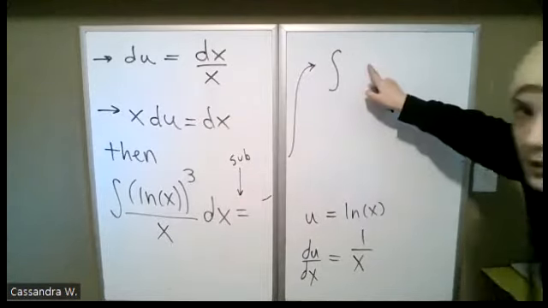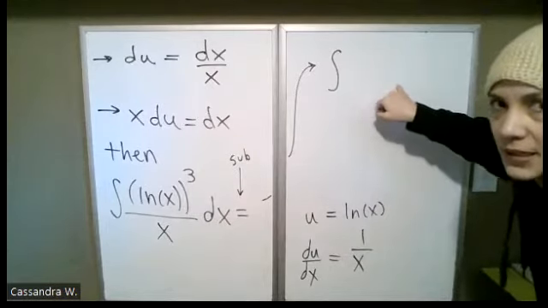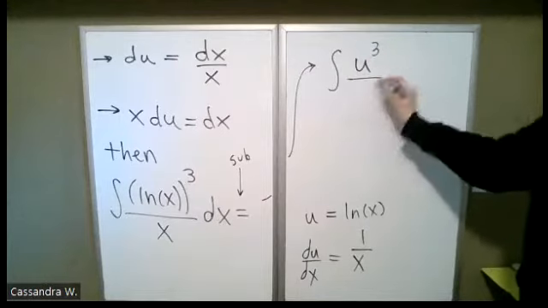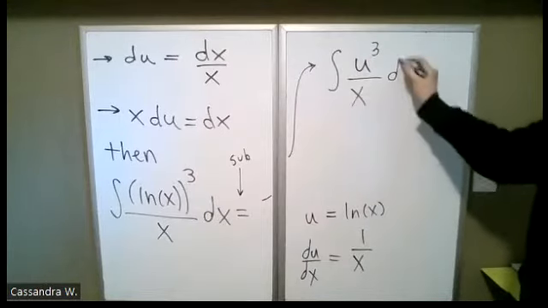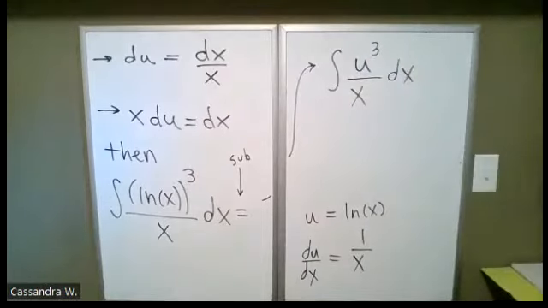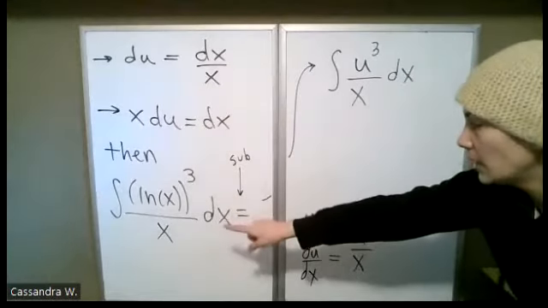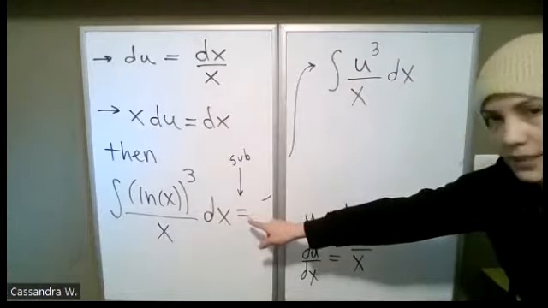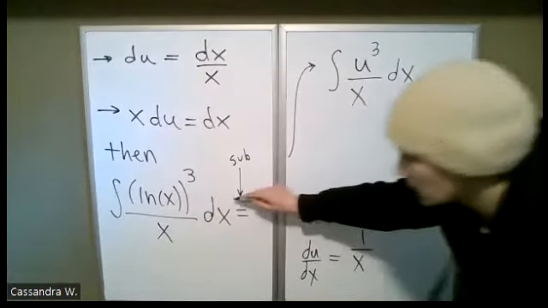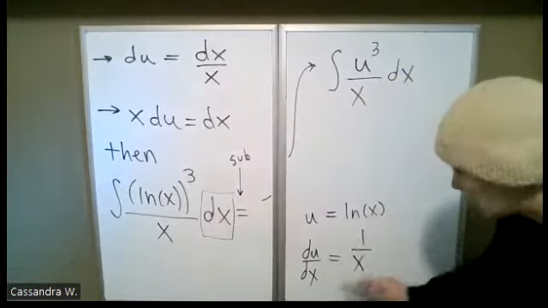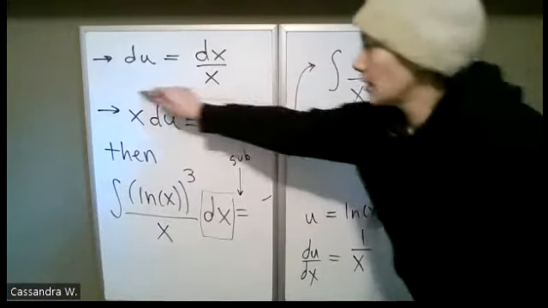Cool. So it's u cubed over x dx. That right in there, and then we've got that there, and replace this here. So for this dx, put in this guy.